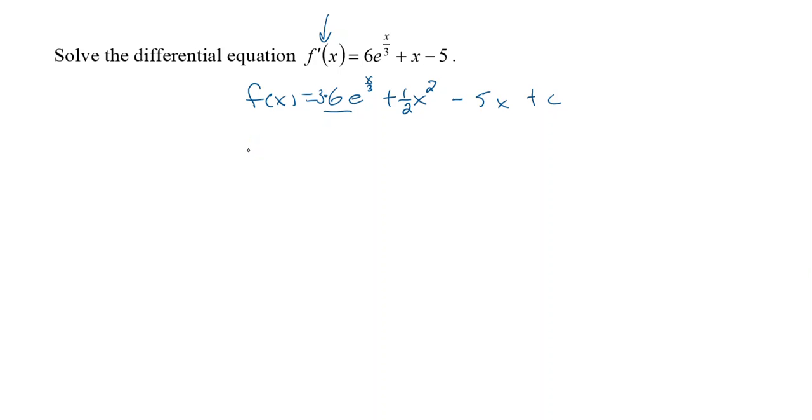So f of x is equal to 18 e to the x over 3 plus 1/2 x squared minus 5x plus c. Okay, so this actually is the solution. The thing we just did here is my solution for this differential equation.